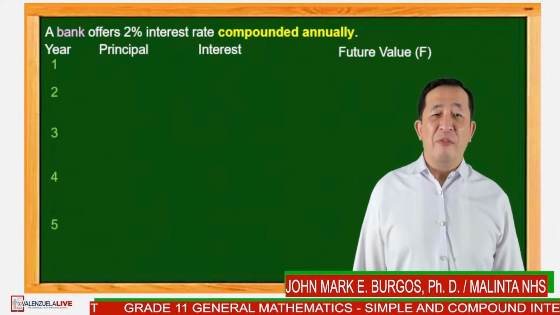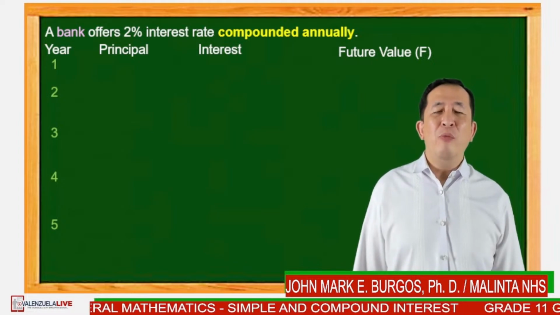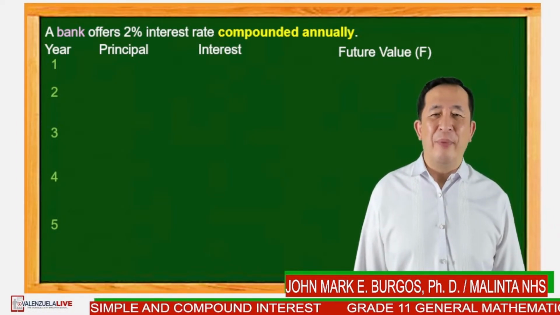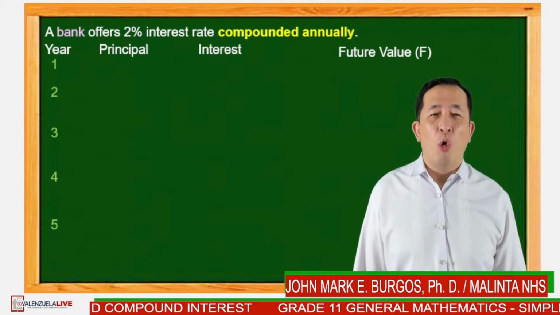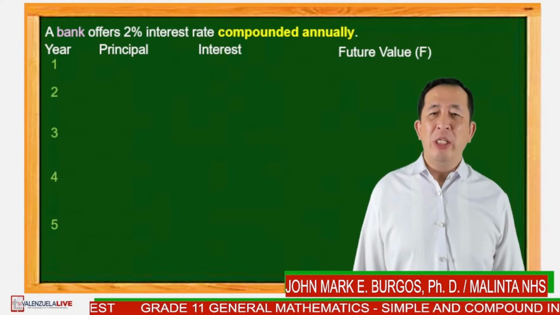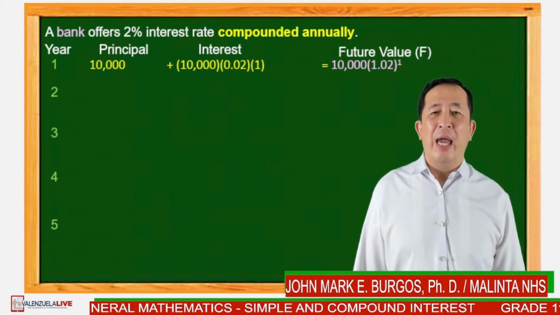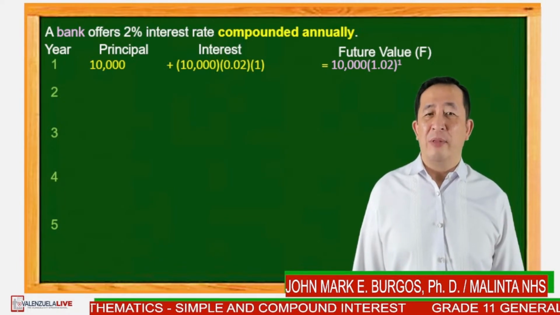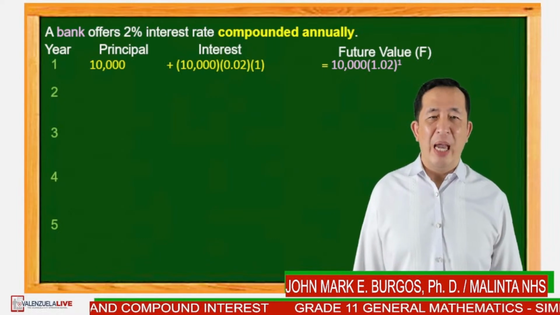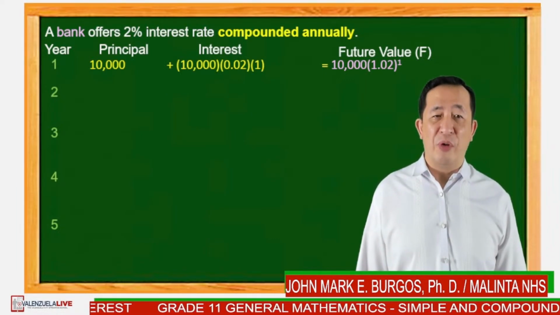To compute for the future value of the second option, we will use the formula future value is equal to principal plus interest, or F is equal to P plus I. On year 1, if the principal is 10,000 and the interest will be 10,000 times 0.02 times 1, the future value will be 10,000 times 1.02 raised to the first power.